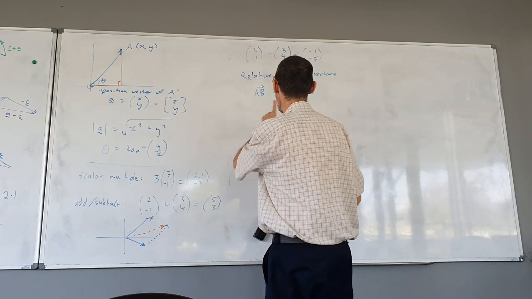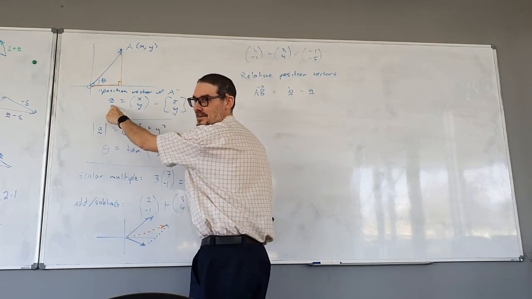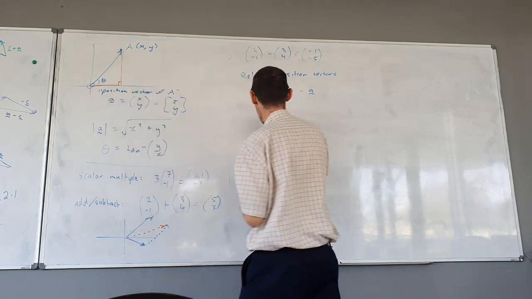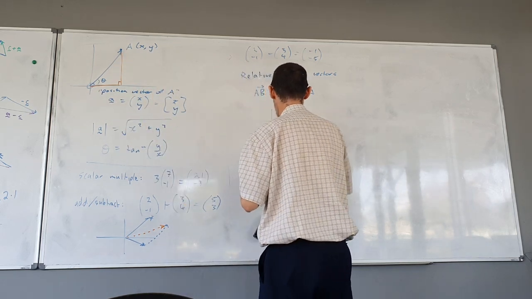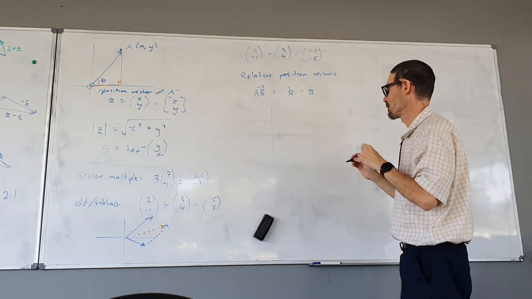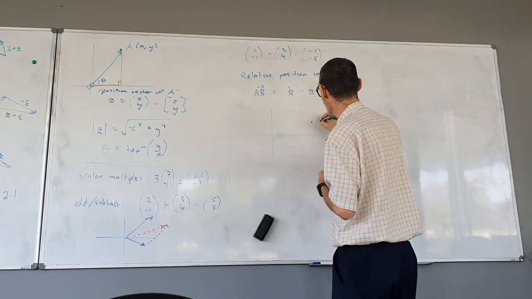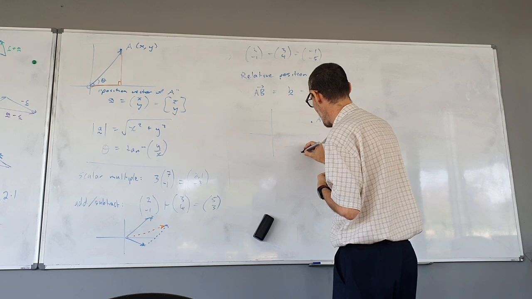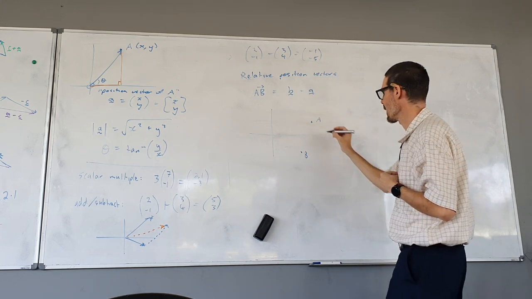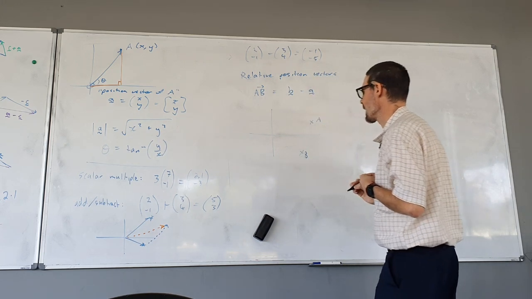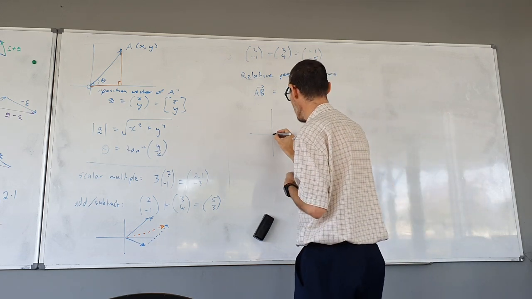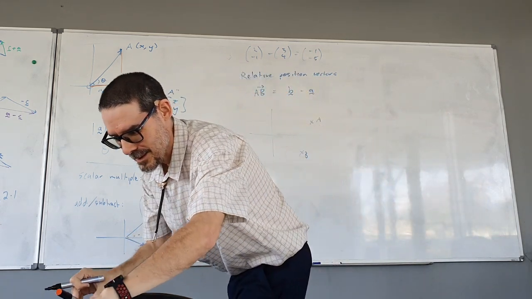Where little a is the vector from the origin to that point. If this is A, and this is B, I might make that even bigger. That's A and that's B.